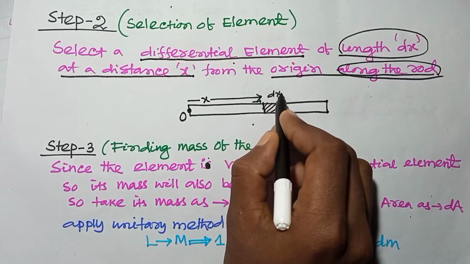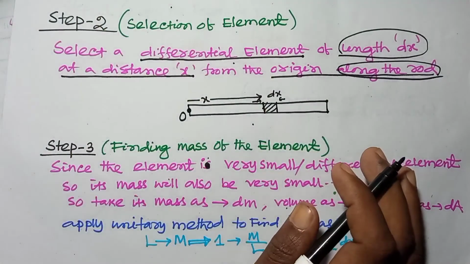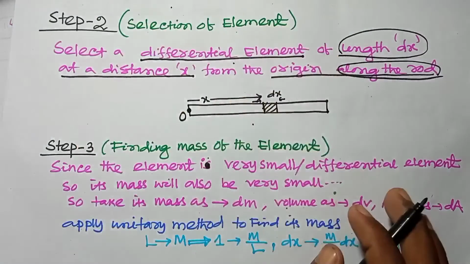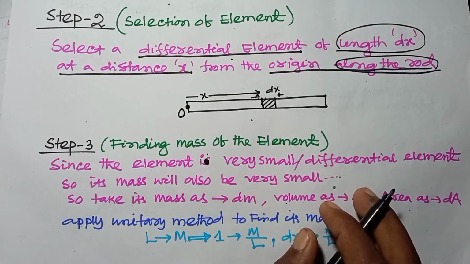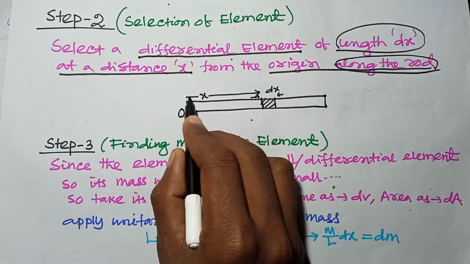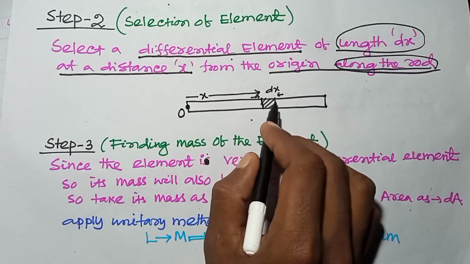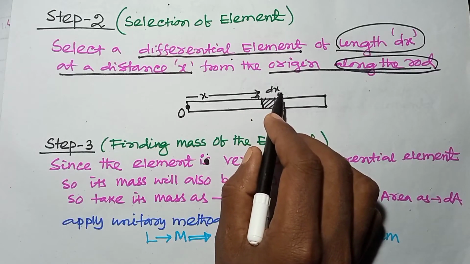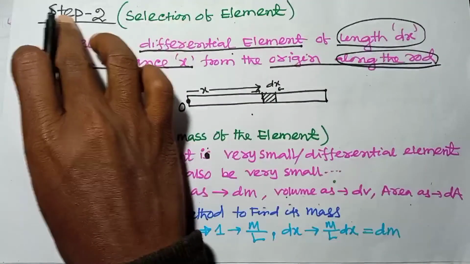So this is the differential element of length dx. Always I have to start from the origin, move through a distance of x, and after distance x choose a differential element of length dx. So this is step number 2.